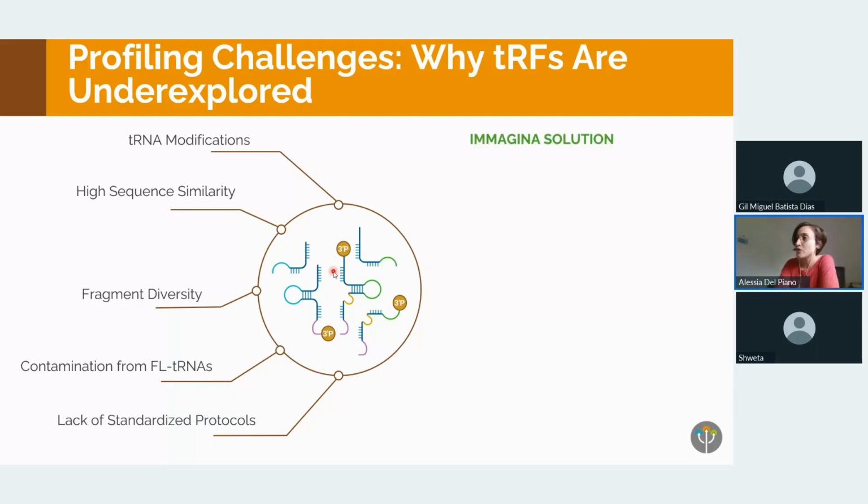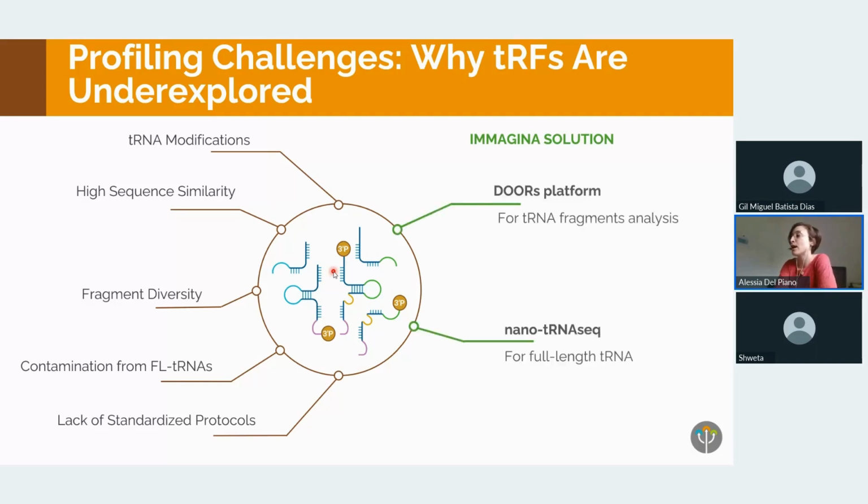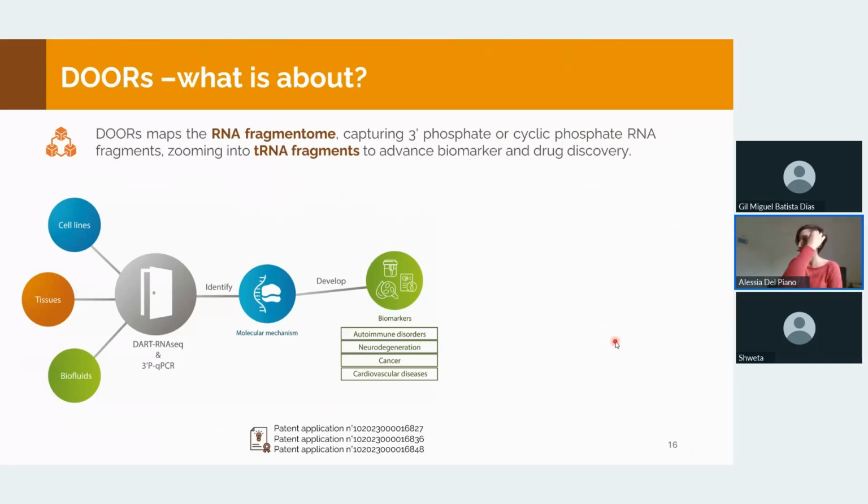So in Immagina, we try to solve all of these issues by using two main technologies. One is the DORS platform that is intended specifically for tRNA fragments, and I will explain in a moment how this platform works, and the other is nano-tRNA-seq, which is the nanopore-based approach for full-length tRNA analysis. So what's the DORS platform?